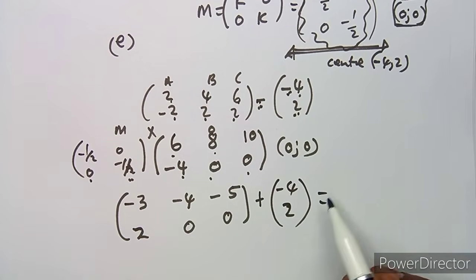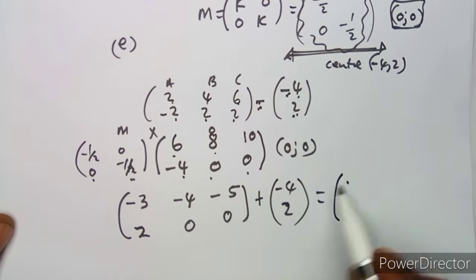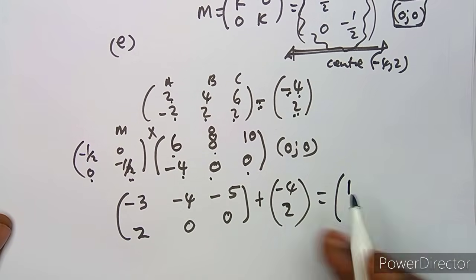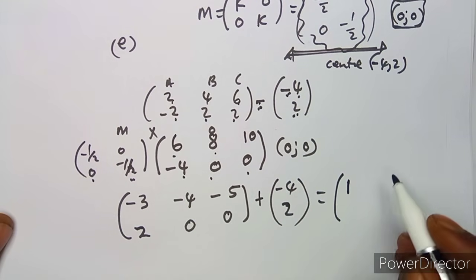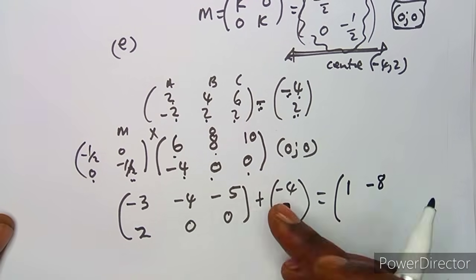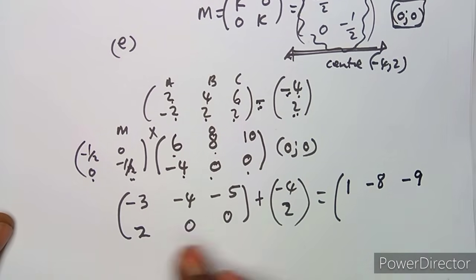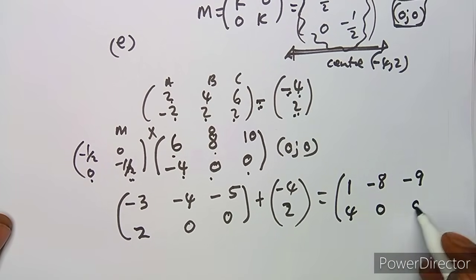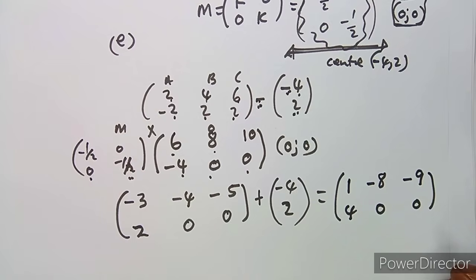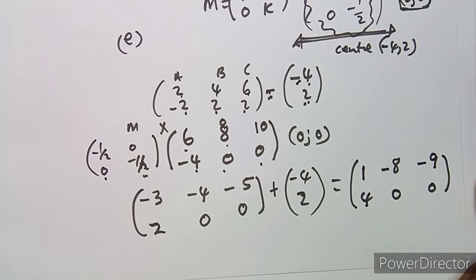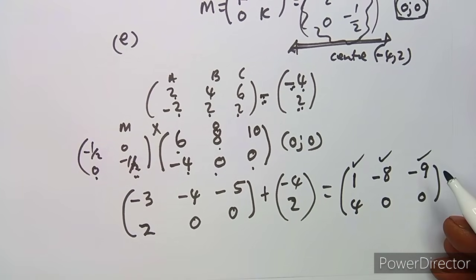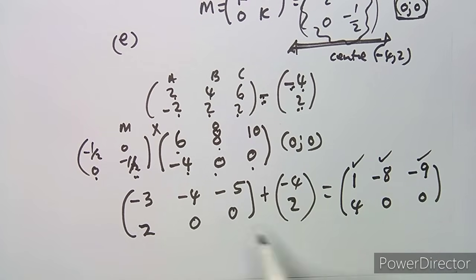If we add the center, this is going to give us, minus 3 and 4, which is a 1, minus 4 and minus 4, that's minus 8, minus 5 and minus 4, which is minus 9. 2 plus 2, that's 4. 0 plus 2, 0 plus 2. That's what it's supposed to look like from this presentation. So this will be your image.